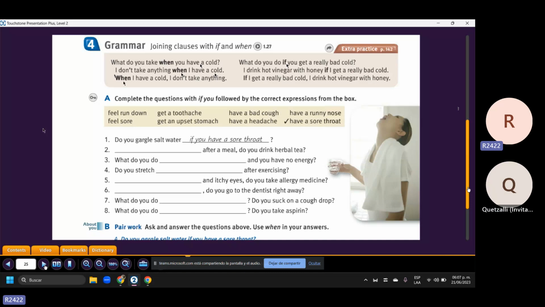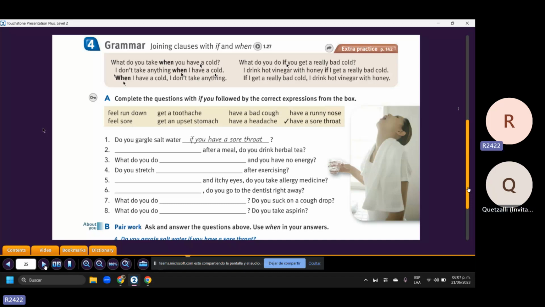And the next question, do you suck on a cough drop? A cough drop is like a medicine for the cough.